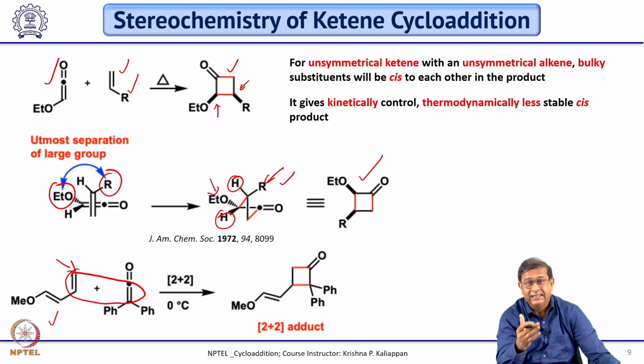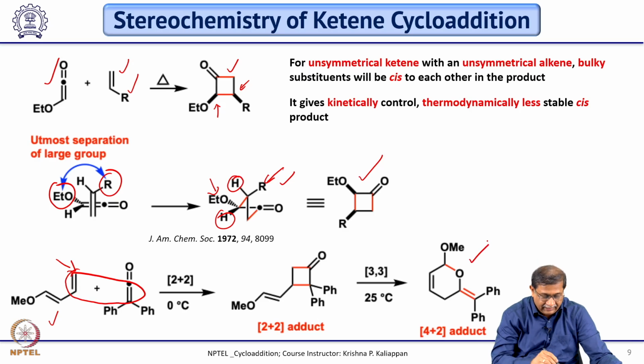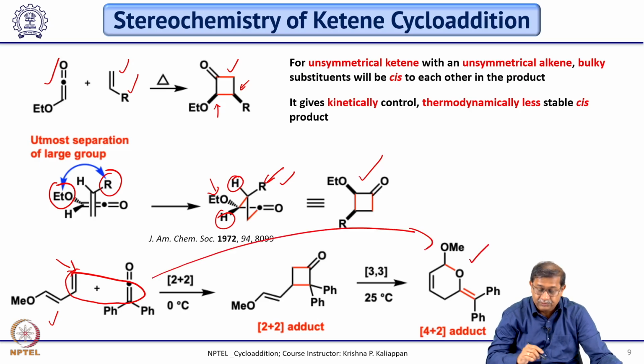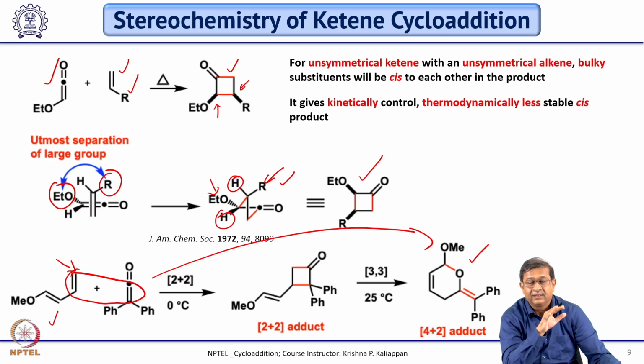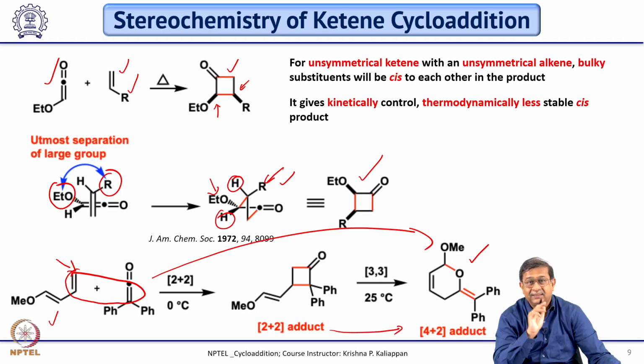Now, when you increase the temperature and bring it to room temperature, this looks like a direct 4+2 cycloaddition product between 1-methoxybutadiene and diphenyl ketene, but it is not so. It is obtained from the 2+2 adduct to the 4+2 via a 3,3 sigmatropic rearrangement.